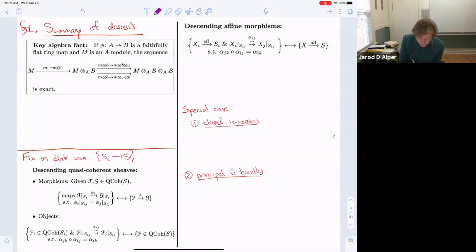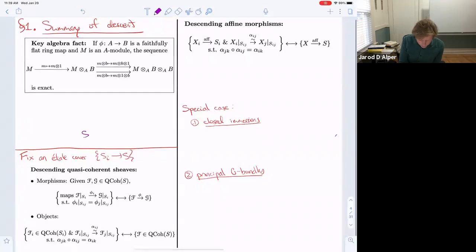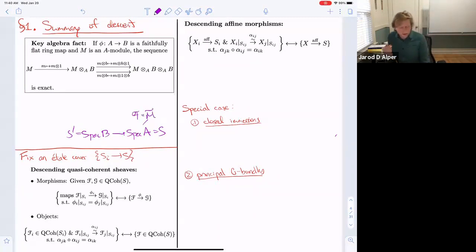So let's suppose that we have, let's just view this as a map from Spec B to Spec A. And let's call this S prime and this S. And so the statement is, if we take an A-module M, let's sheafify it and let that be the quasi-coherent sheaf F. And then if I take the pullback, I'll denote that F prime. And then I can also consider the two pullbacks here.